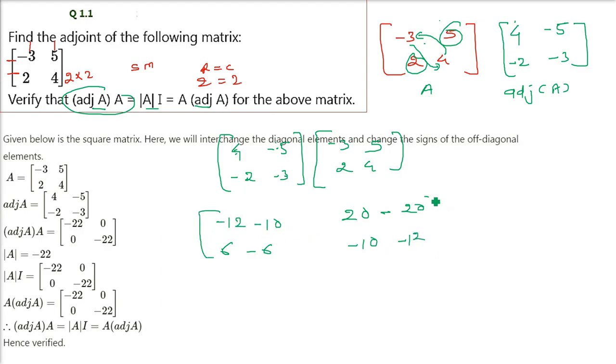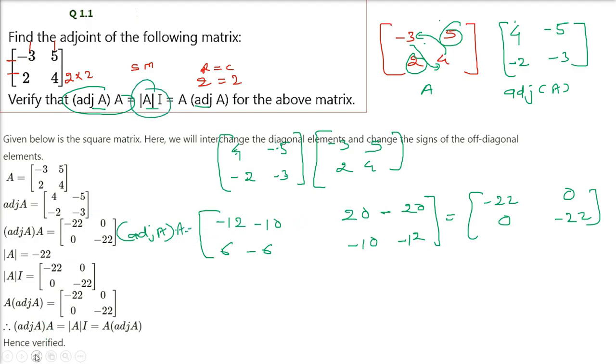So this is -22 and this is 0, this is 0, and this is -22. So adjoint A multiplied by A is this matrix.